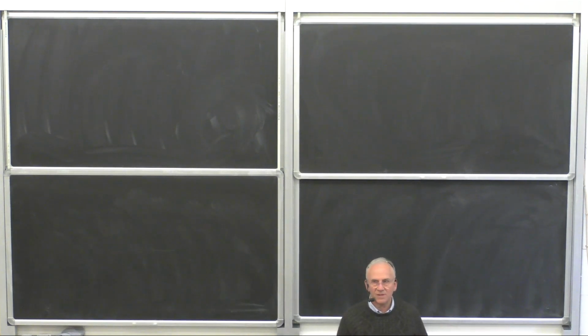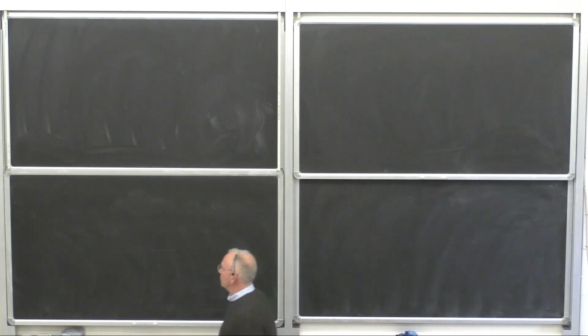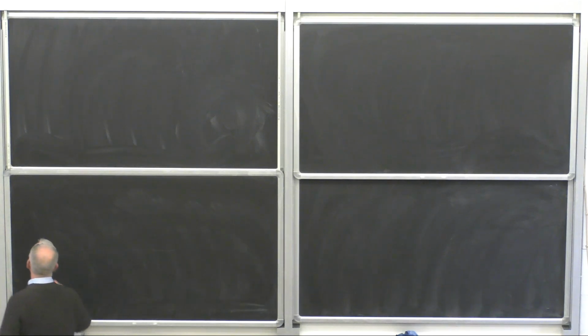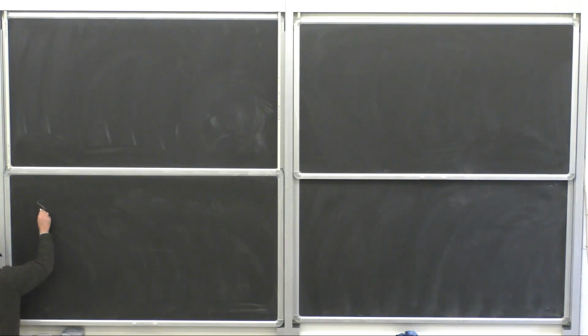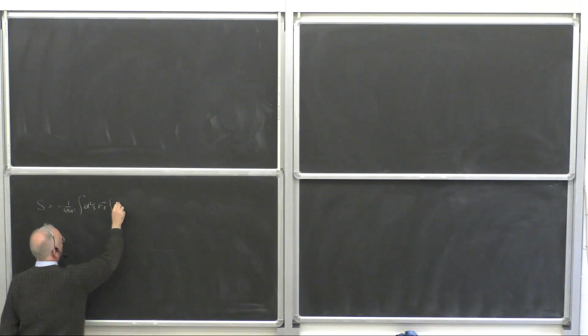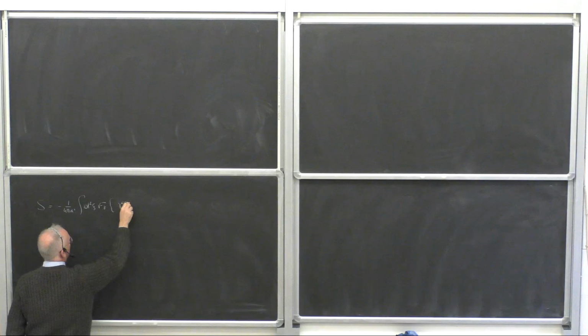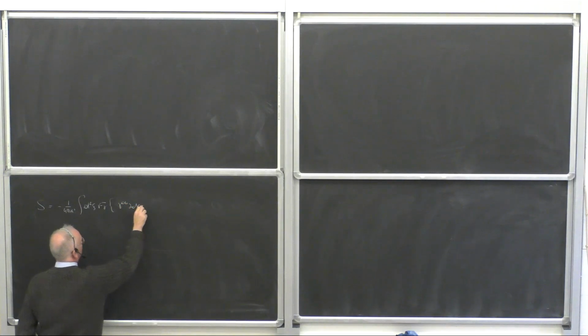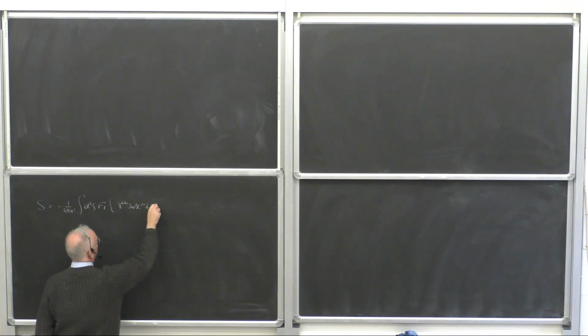The observation is that you can modify the action of the string, let's say in this Polyakov type form, and you can do this by adding fermionic terms to the bosonic ones.